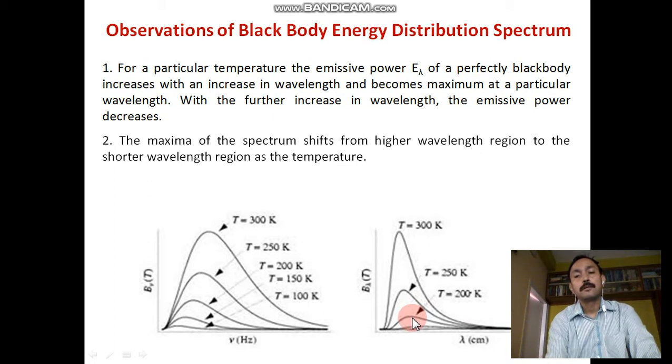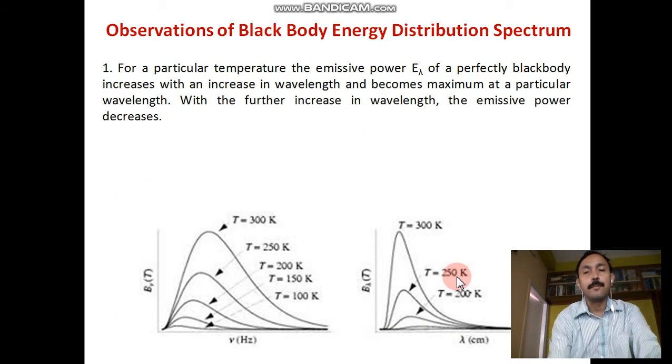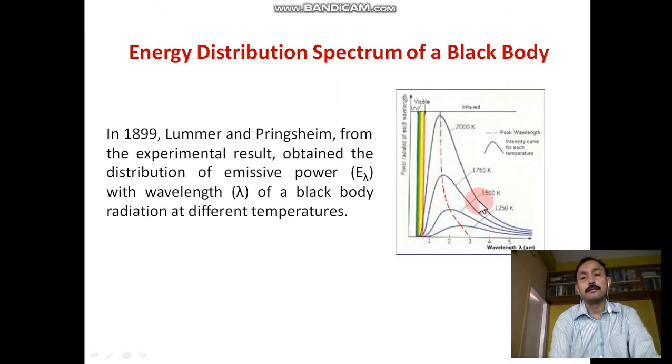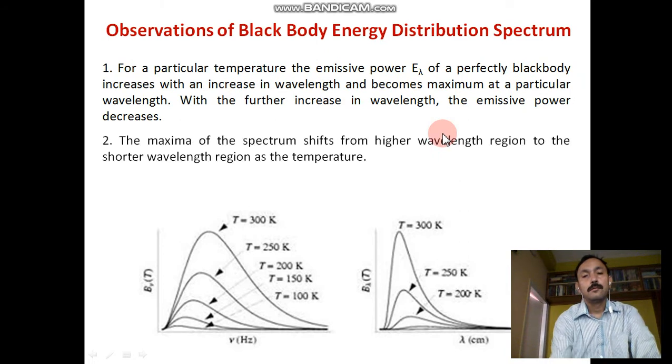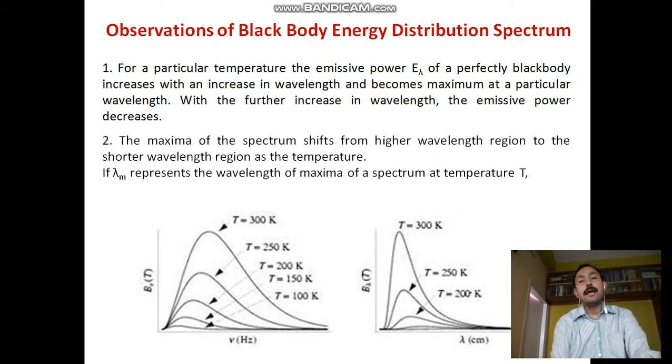Just come back to the previous slide. This is the maxima, then shifting this, then shifting this, then shifting this. Lambda m represents the wavelength of maxima of a spectrum at temperature T.